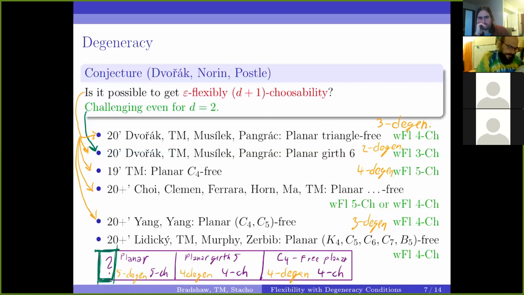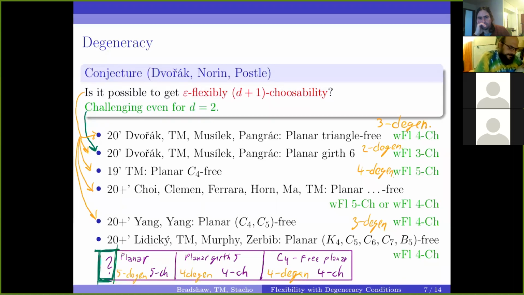Here I also wanted to mention that this suggests which questions on planar graphs might be difficult, because, for example, planar graphs are 5-degenerate and 5-choosable.